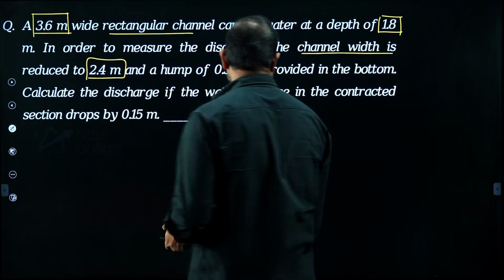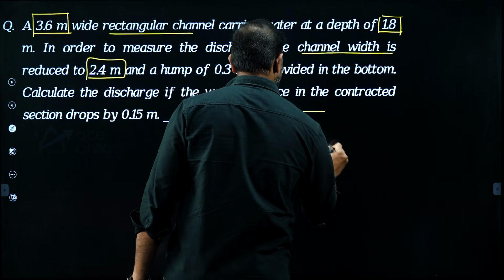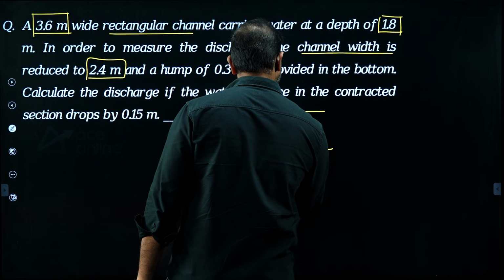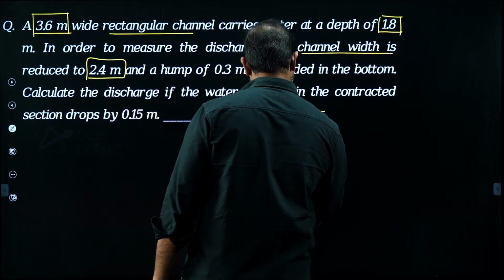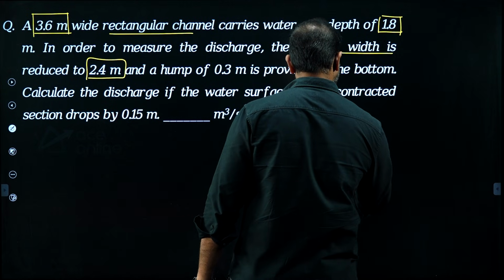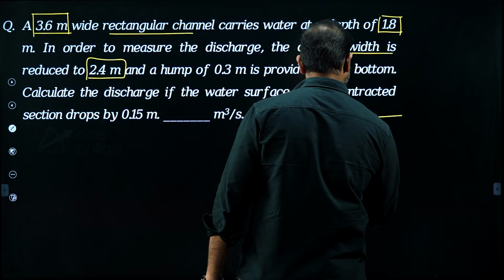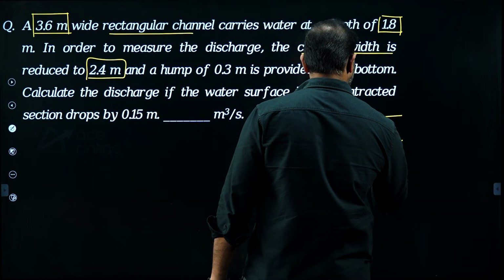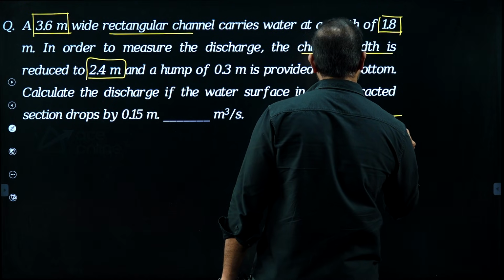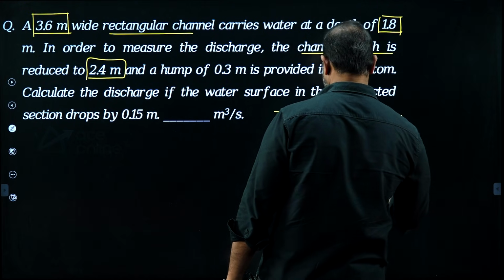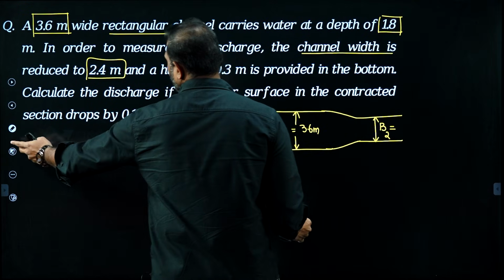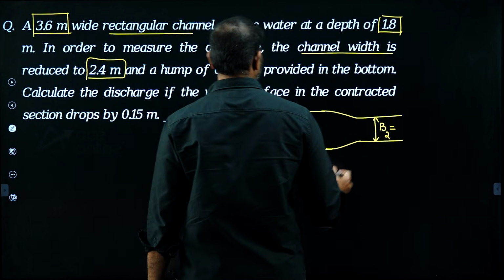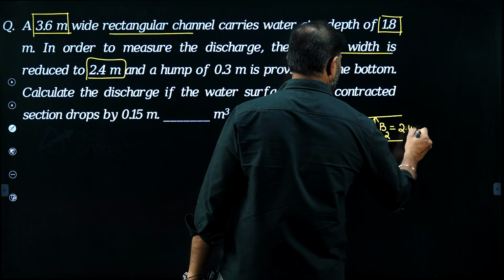So initially the width of this rectangular channel, B1, is 3.6 meters. And that is going to be reduced to 2.4 meters.